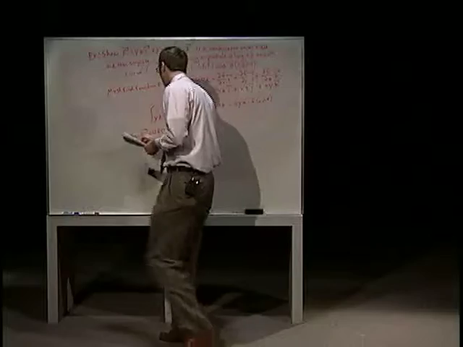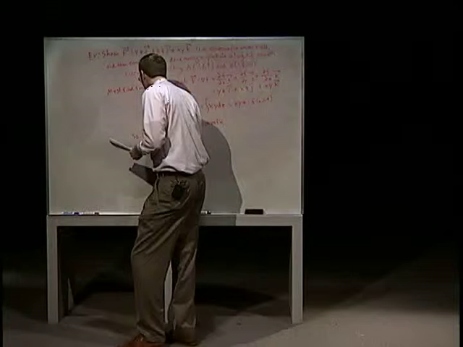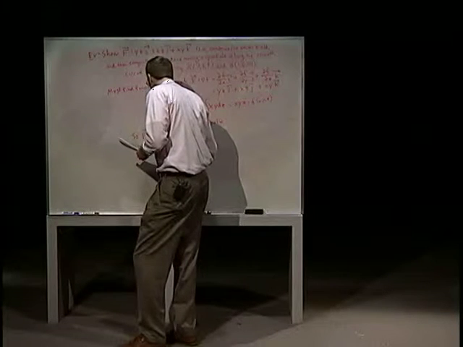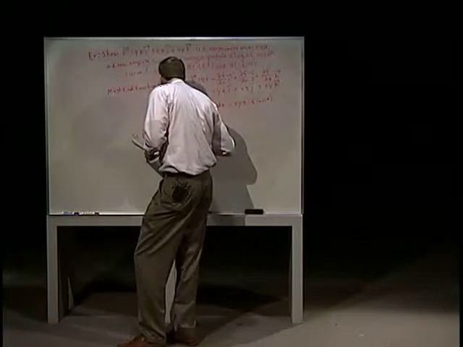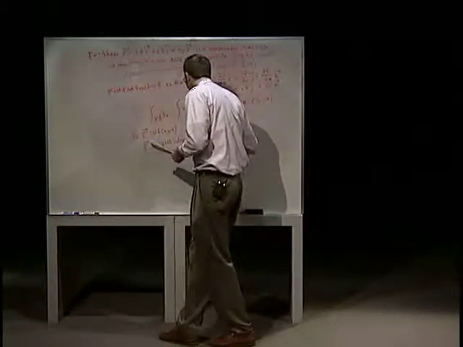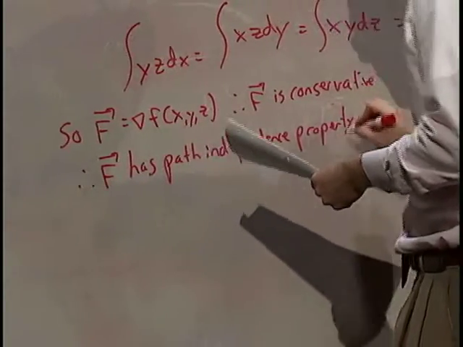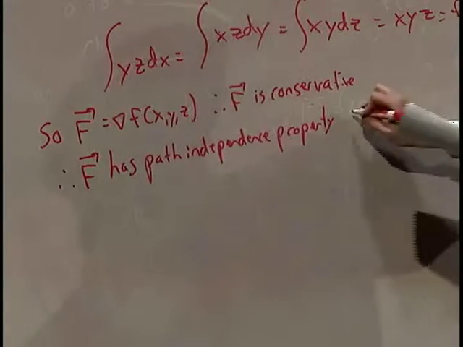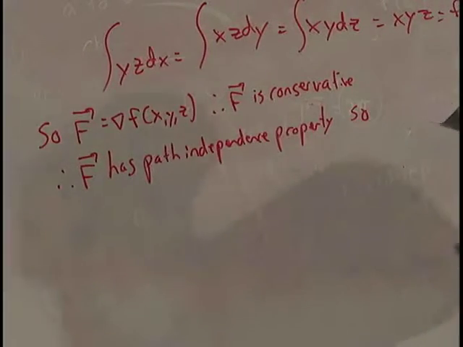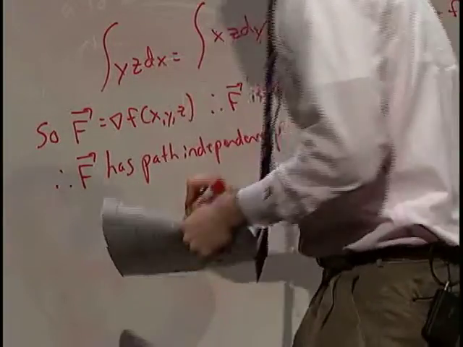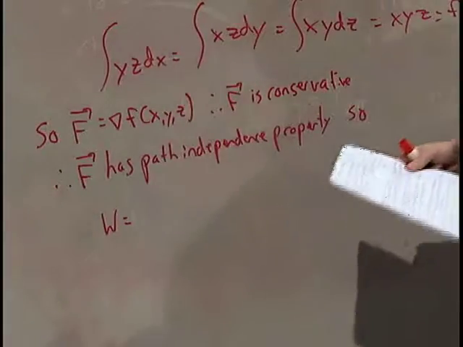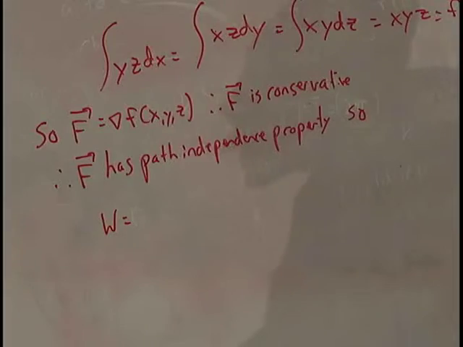Okay, well, as a consequence of being conservative, F has the path independence property. So if I want to get the work in moving this particle, it doesn't matter what smooth curve we choose.